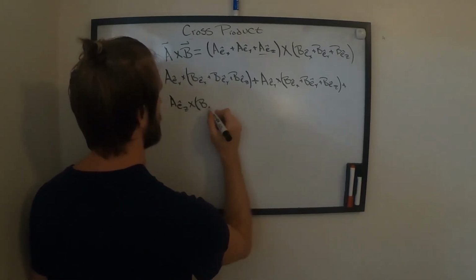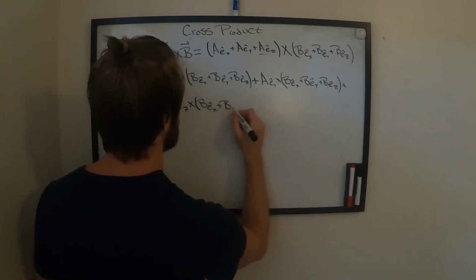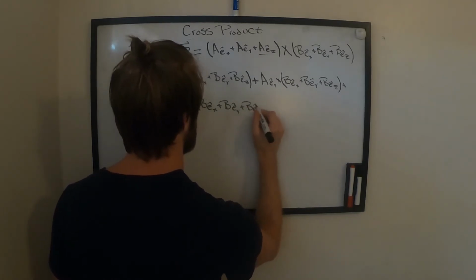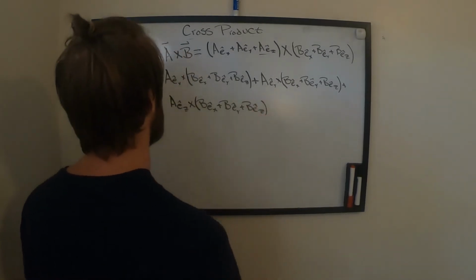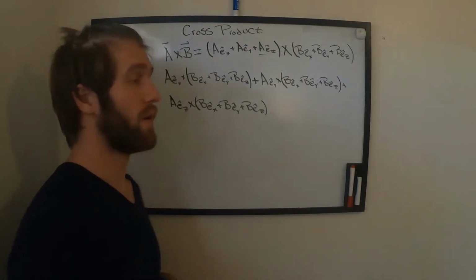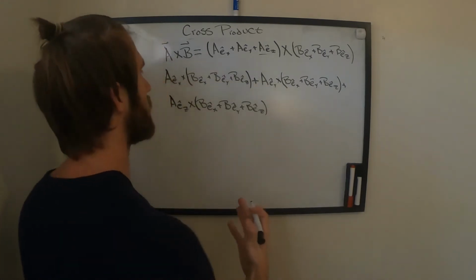So B e-hat sub x plus B e-hat sub y plus B e-hat sub z. Okay, now at this point, what we want to do is start distributing our A components across and then going about simplifying it.